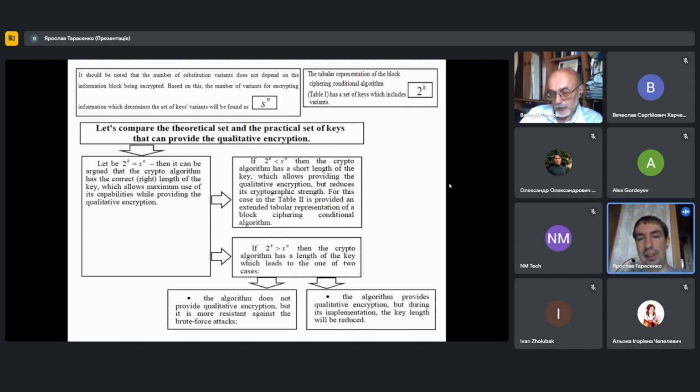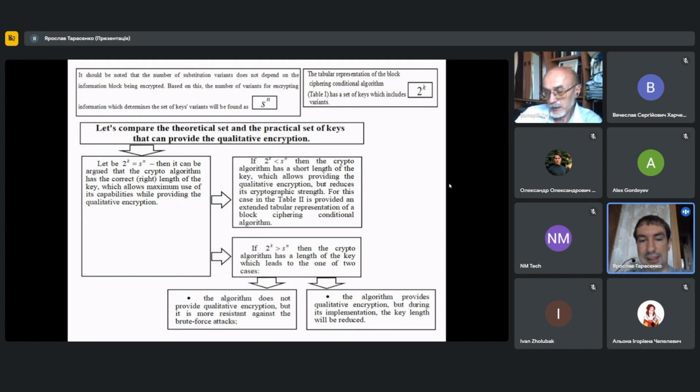And if 2 to the power of k is less than s to the power of n, then the crypto algorithm has a short length of the key, which allows providing the qualitative encryption but reduces its cryptographic strength. For this case, in table 2 is provided an extended tabular representation of a block ciphering conditional algorithm. And if 2 to the power of k is more than s to the power of n, then the crypto algorithm has a length of key which leads to one of two cases.